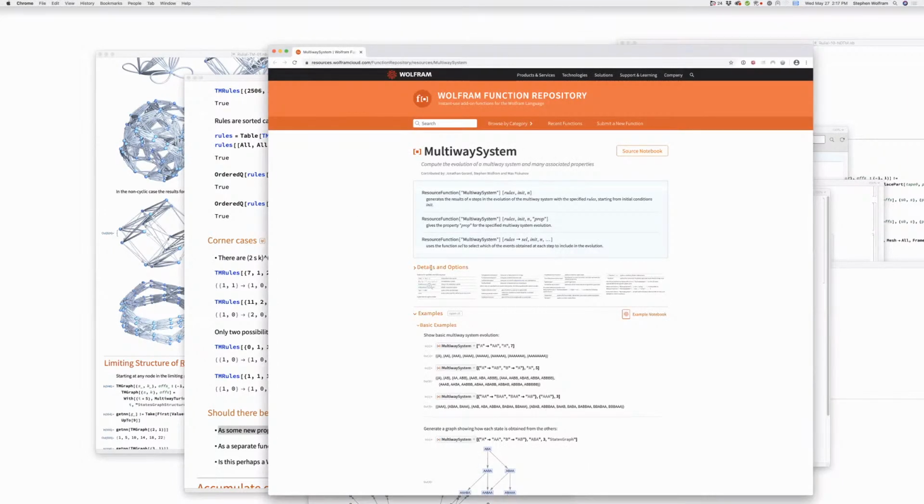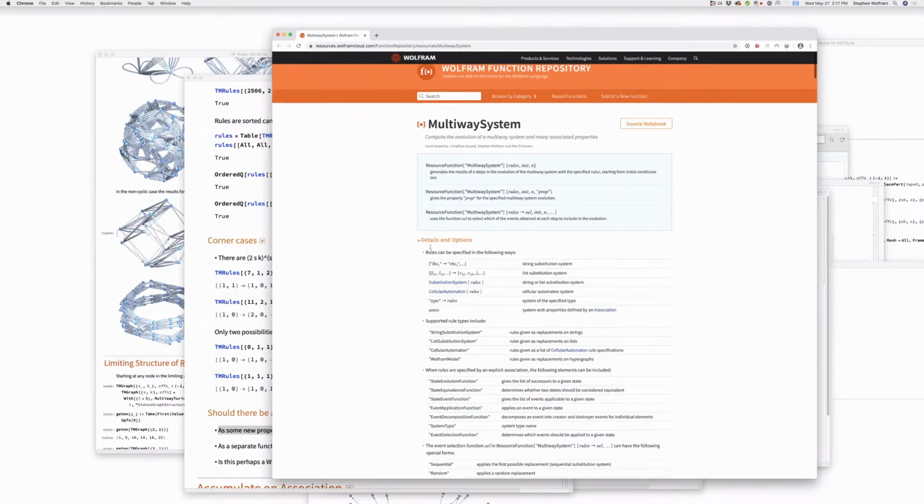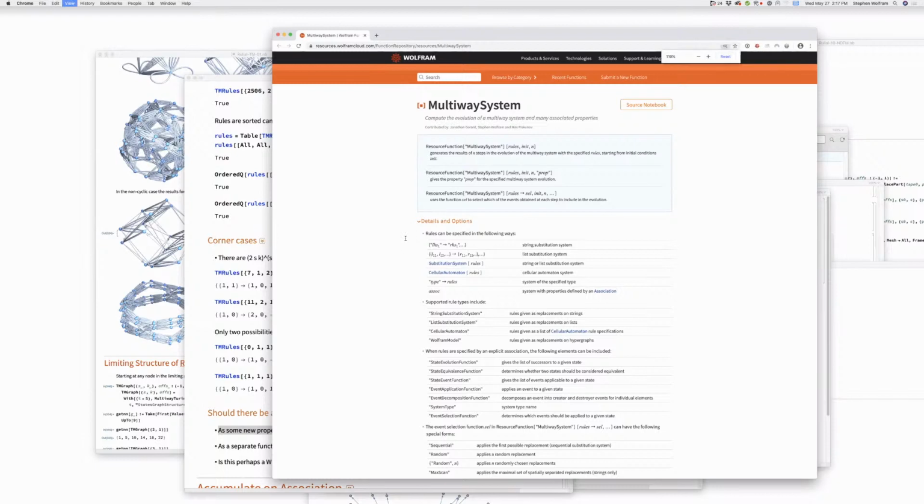To give a sense, though, of what happens in the multi-way system, let's see. I'm just going to pull up the multi-way system page. I mean, this is a complicated function. There are the types of rules it can handle right now.